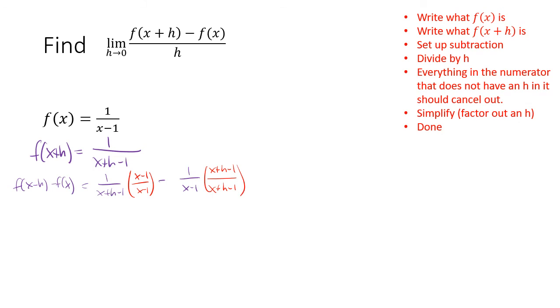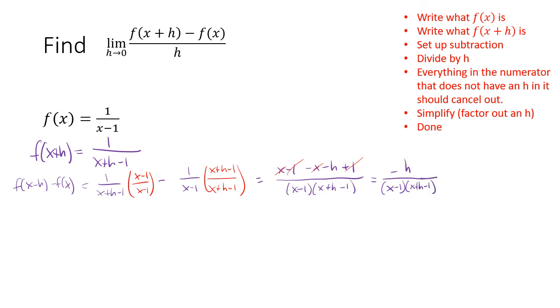So when we do this math out, we will have x minus 1 minus x minus h plus 1 in the numerator, divided by x minus 1 times x plus h minus 1. Okay. We can simplify some stuff because we have x and negative x, and we have 1 and negative 1. So really what we have here is just negative h divided by x minus 1 times x plus h minus 1.